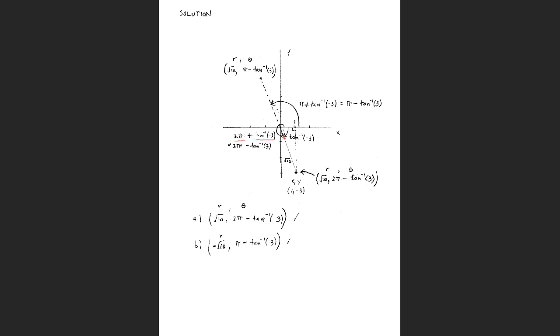2 pi plus the arctangent of -3 is the same as 2 pi minus the arctangent of 3, because the tangent function is an odd function.